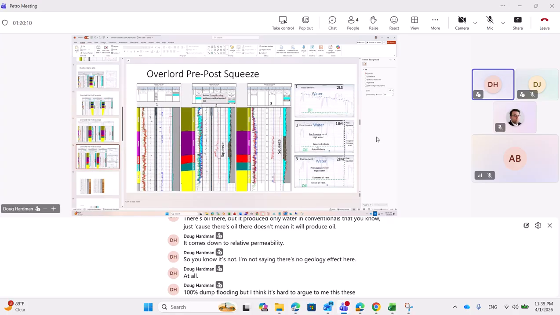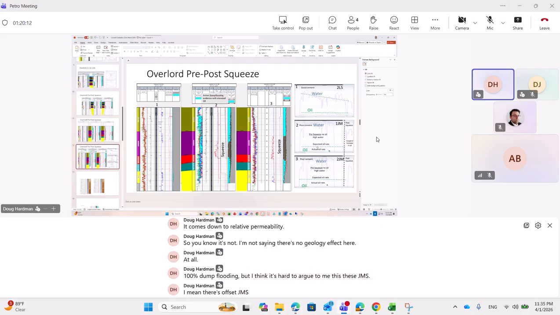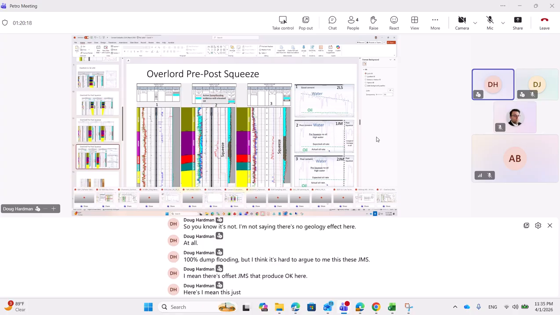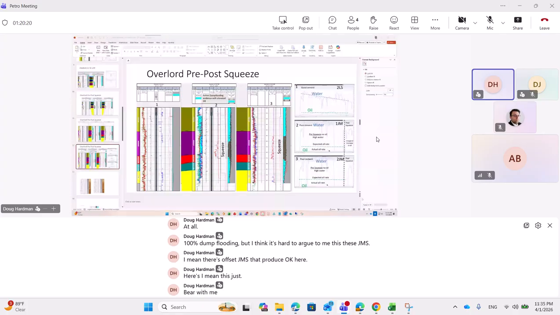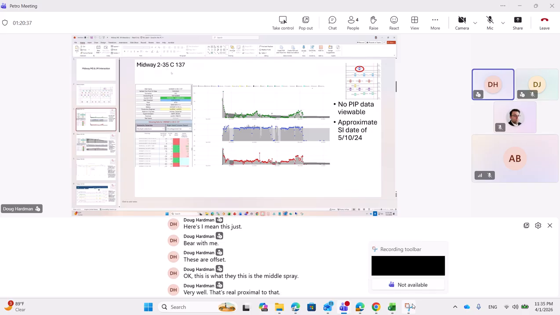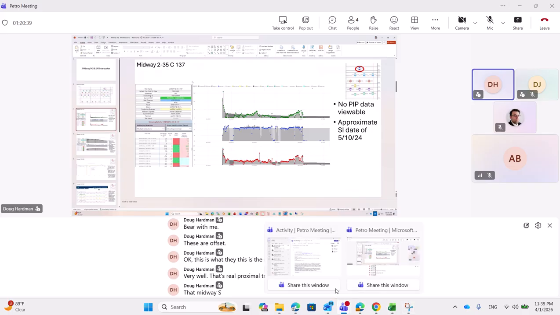these JMs. I mean, there are offset JMs that produce. Okay, this is the Middle Sprayberry well that's really proximal to that Midway SWD well.